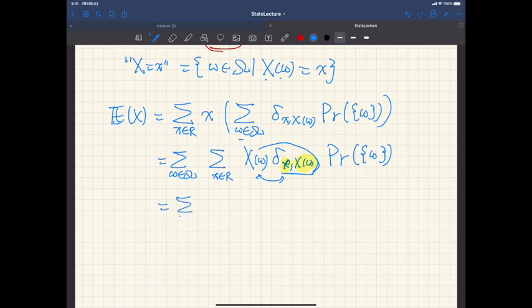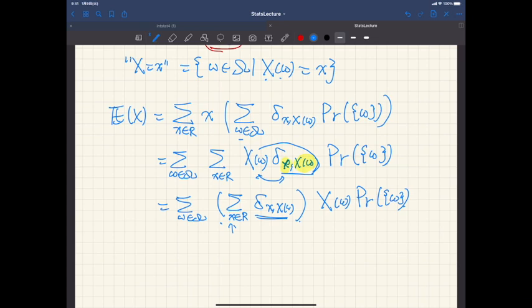We could write the sum over omega, and x of omega times delta, and so on. We put parentheses here because this delta is the only term that involves lowercase x.